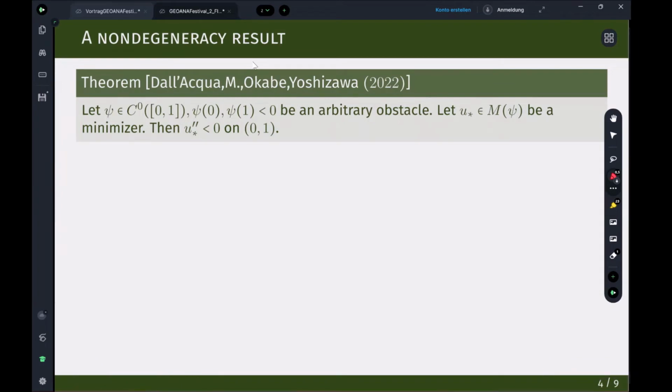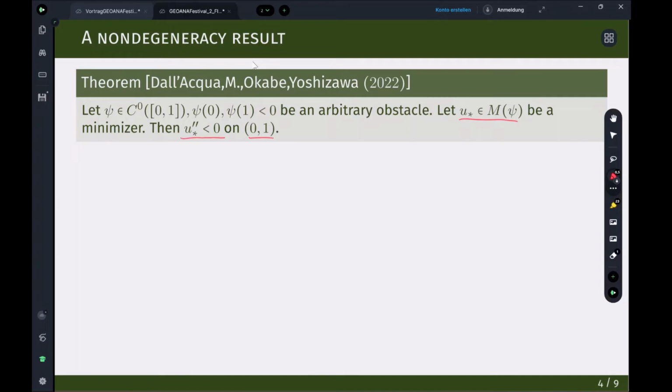And here's the non-degeneracy result that I also showed you in the last video. If we have a minimizer, then the second derivative is smaller than 0 on (0,1). So the minimizer is strictly concave.